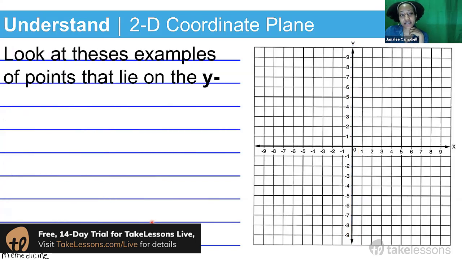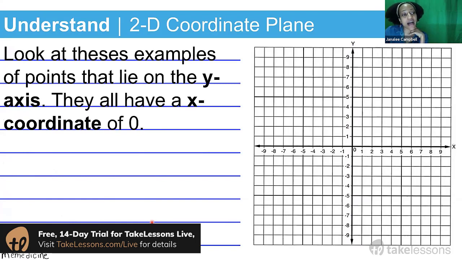So look at these examples of points that lie on the y-axis. They all have an x-coordinate value of 0. So first you have 0, 2. Again, the x-coordinate has a value of 0 because you did not move to the right, nor did you move to the left. But you did move up 2 units vertically, so you have a vertical position of 2. Now we have 0, 4.